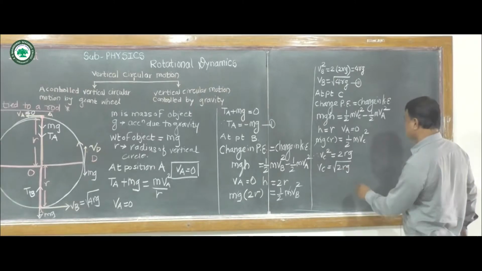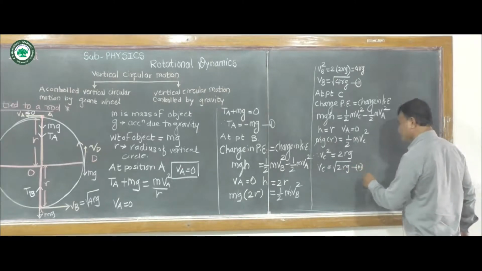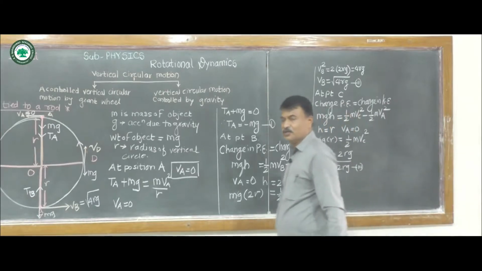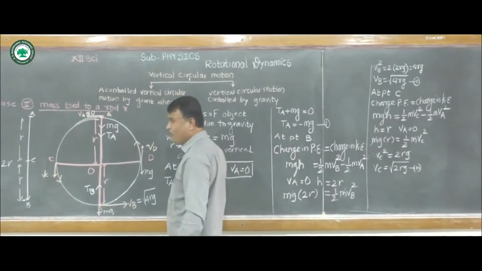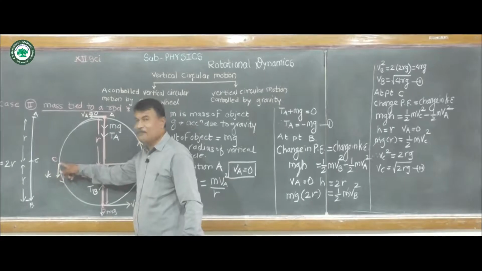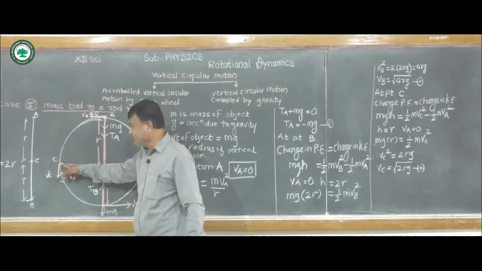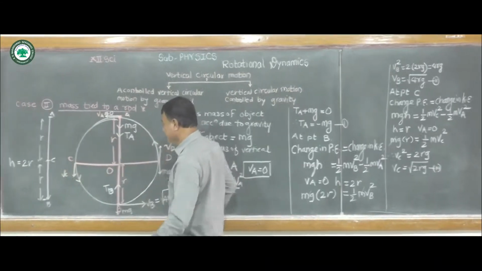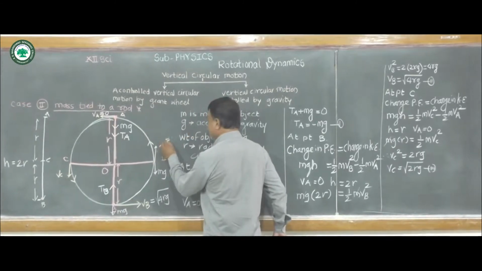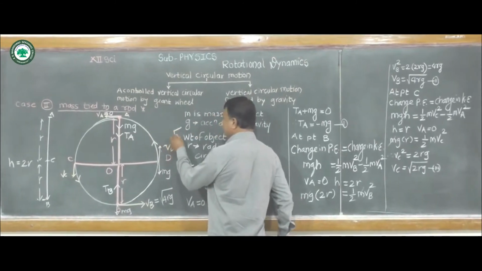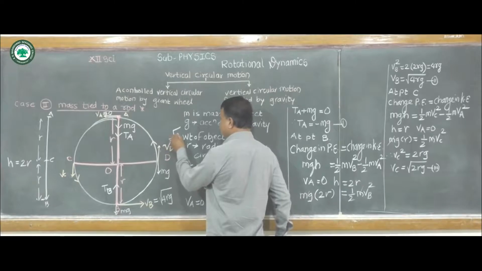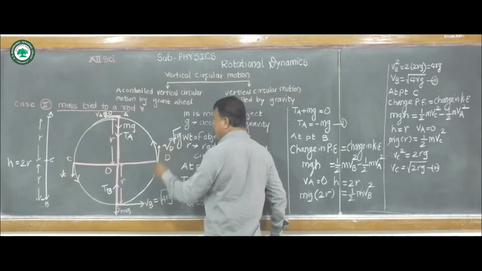So this is equation 3. Equation 3 gives us the magnitude of velocity of the particle when the particle is at position C or at position D. So both have the same value. So at D, the magnitude of velocity is under root twice rg.